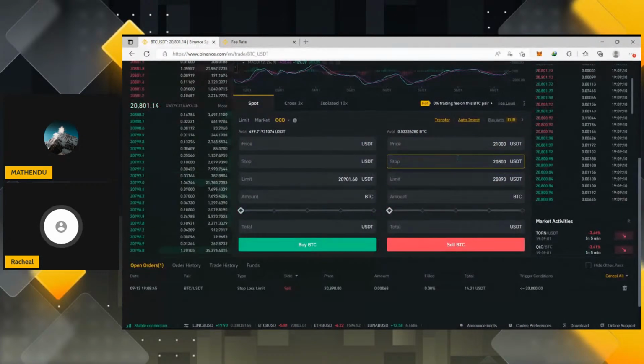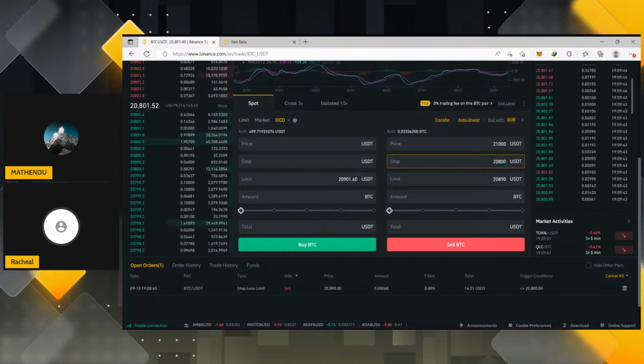But basically, what the OCO is, is that you have a price that you want to sell at, the limit price, which is higher. So maybe 21,000. That would mean that if it goes to 21,000, the order should be executed. But if it doesn't go to 21,000, and it gets to 20,800, then my stop limit order is going to be triggered.